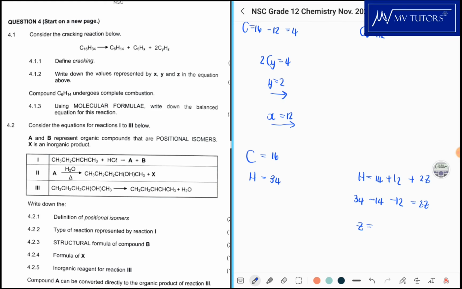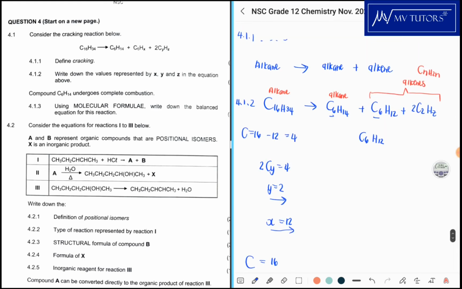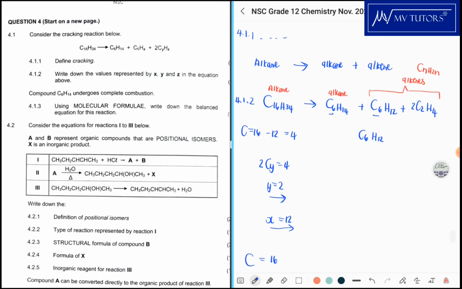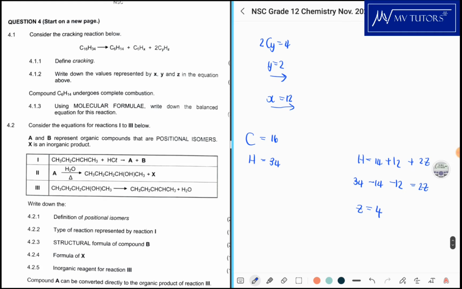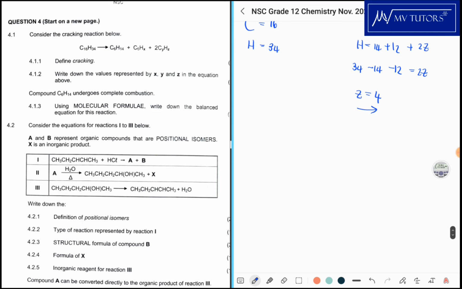So Z then has to be equal to 4. So we have 4 over there. Does it all add up? Yes, the carbons are equal, 16 on each side. The hydrogens, we have 14 plus 12, which is 26, and 26 plus 8 gives us 34. So I believe we are done. Y is 2, X is 12, Z is 4. That was a nice calculation to do.